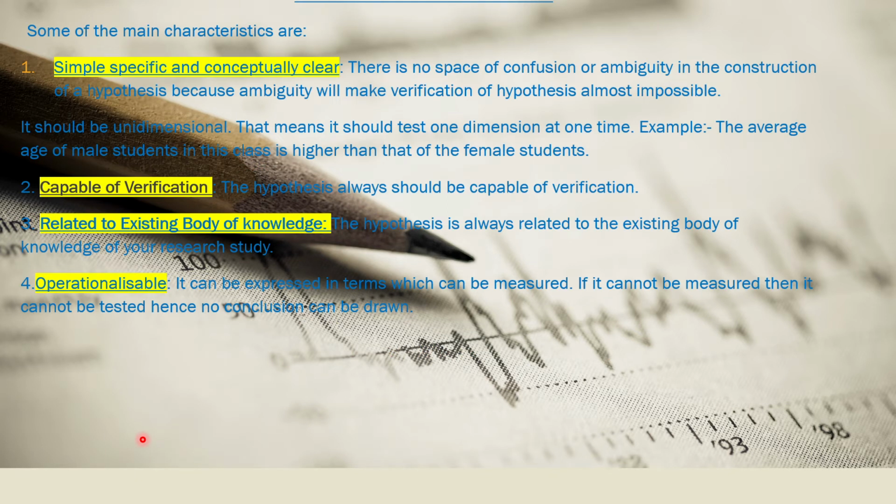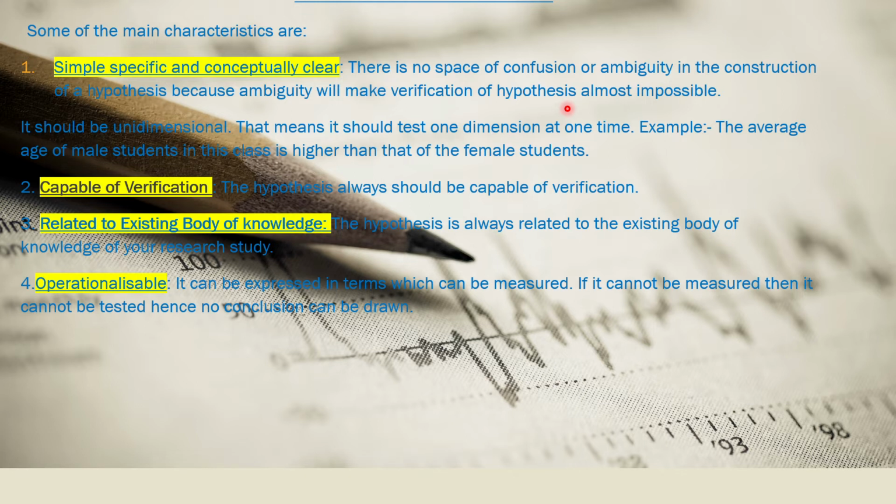Some of the main features or characteristics of hypothesis are: it has to be simple, specific and conceptually clear. So basically हमें ये समझना है कि जो hypothesis होती है उसमें कोई space नहीं होता confusion का और ambiguity का. It has to be very much clear, specific and conceptually clear so that the verification of hypothesis will be easily done, or else it will make verification of hypothesis almost impossible अगर ambiguity होगी इसके अंदर.